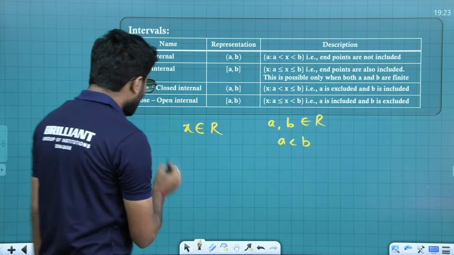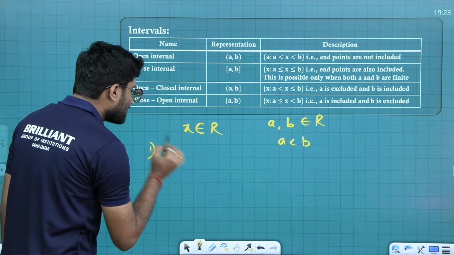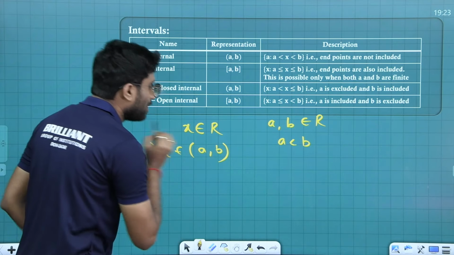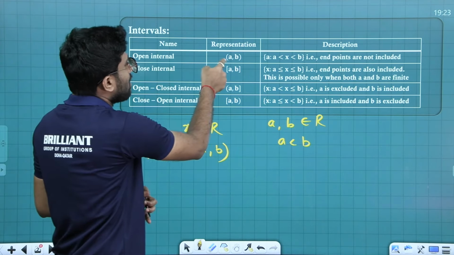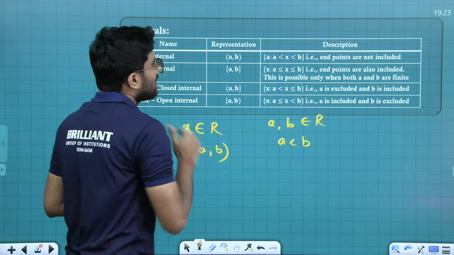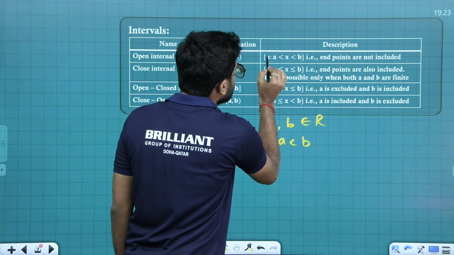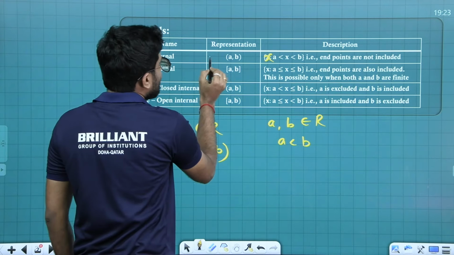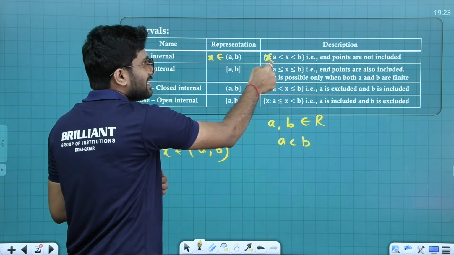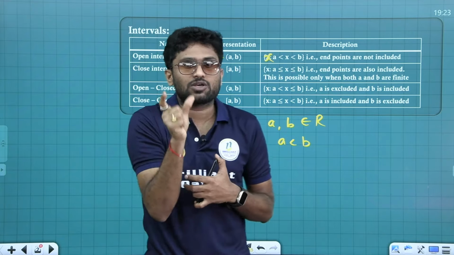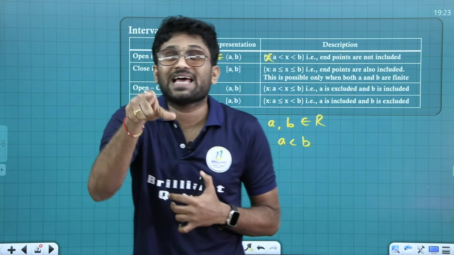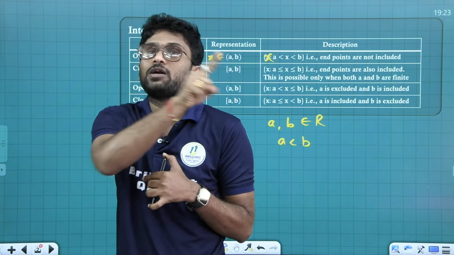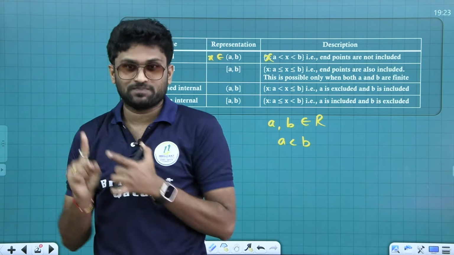Number one, if I say x belongs to open a comma b, then I mean to say that this particular set, x, takes all the real numbers which lie in between a and b, but not a and not b.